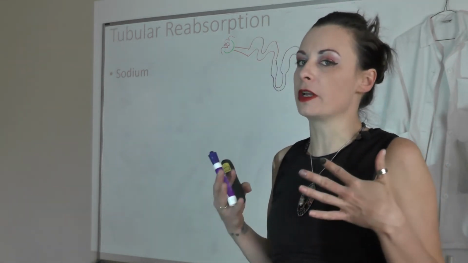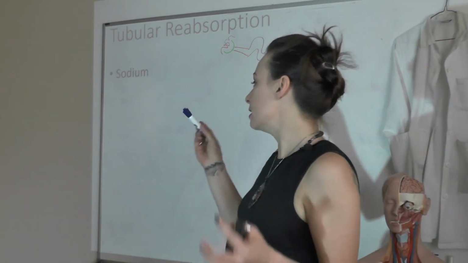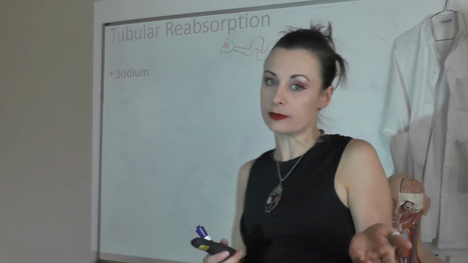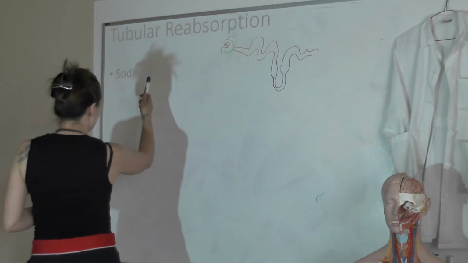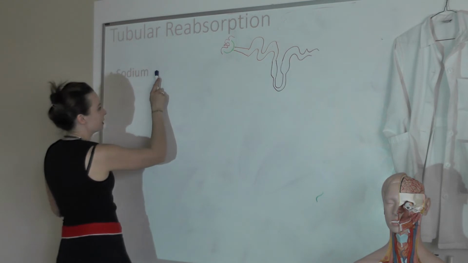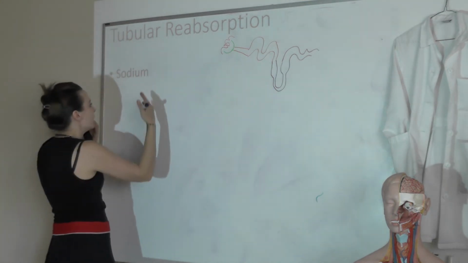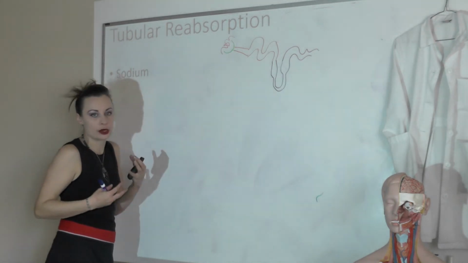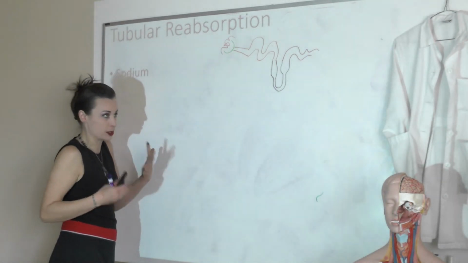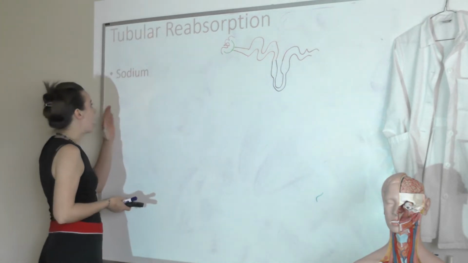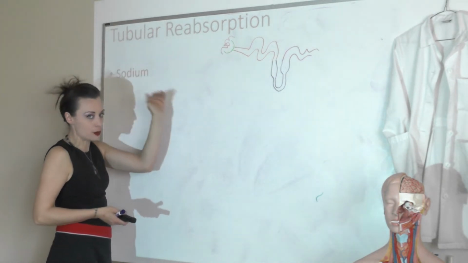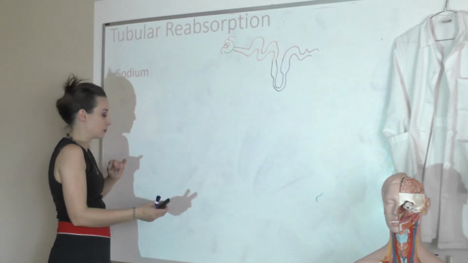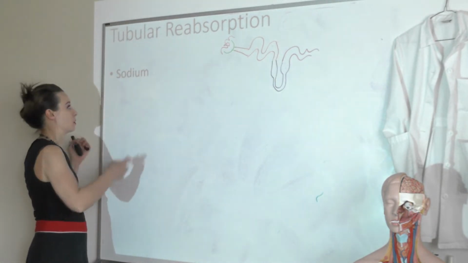So the movement of sodium is hugely important, and each part of the system does it a little bit differently, so we're not going to worry about the nitty-gritty details of that, but we'll just say that sodium is actively reabsorbed throughout the renal tubule, and it's going to have the biggest pressure on the movement of water, help create this osmotic pressure gradient, but the active transport of sodium is going to set up the concentration gradients that allow for secondary active transport of almost everything else to be reabsorbed.